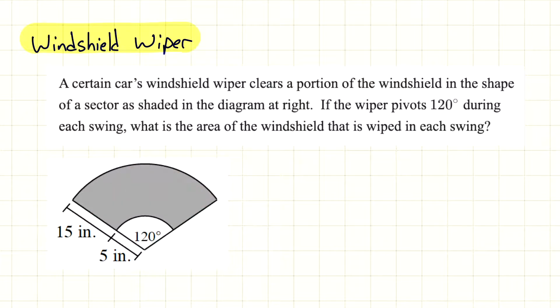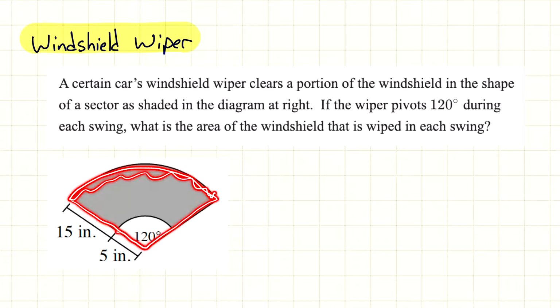I'm going to turn this into a pizza problem because we did a pizza problem on the previous lesson. Imagine this is a slice of pizza, a big slice of pizza, right? Imagine you start to eat it.